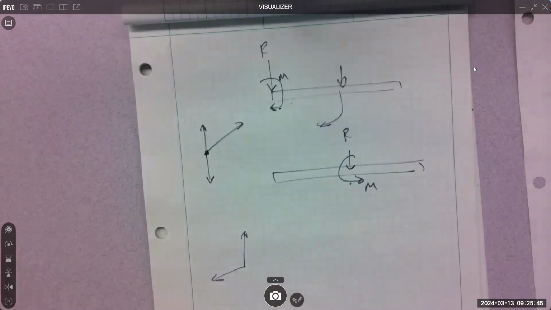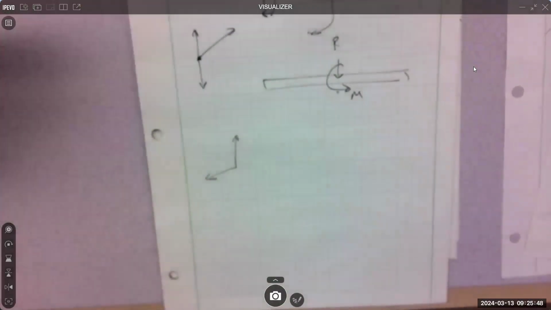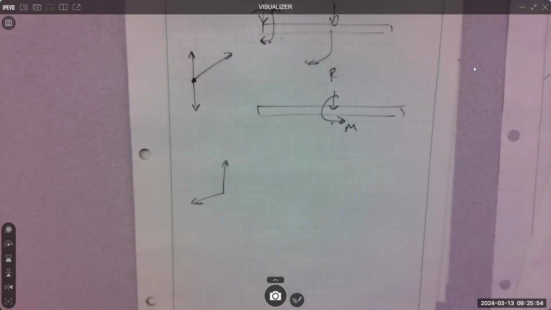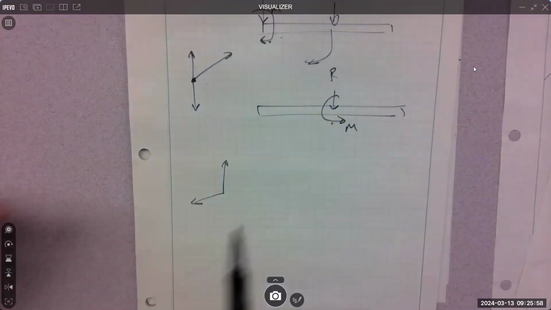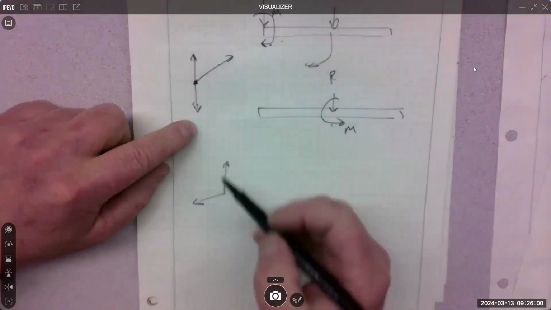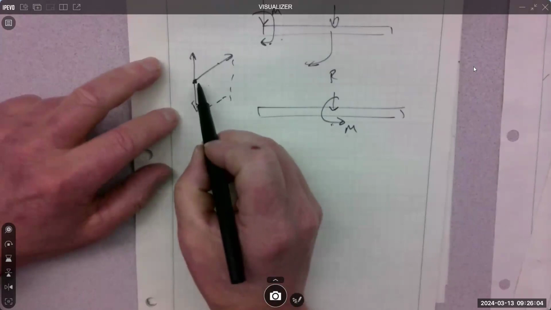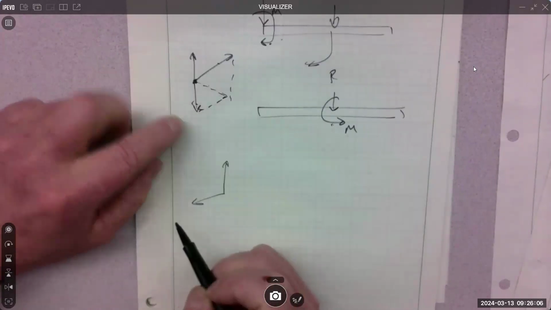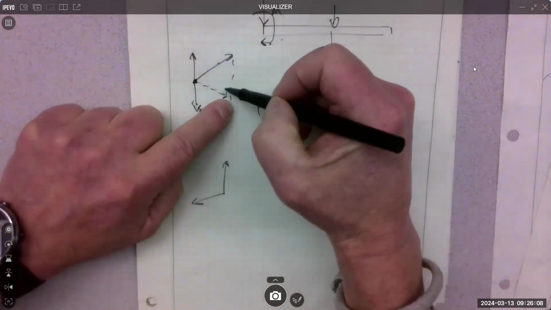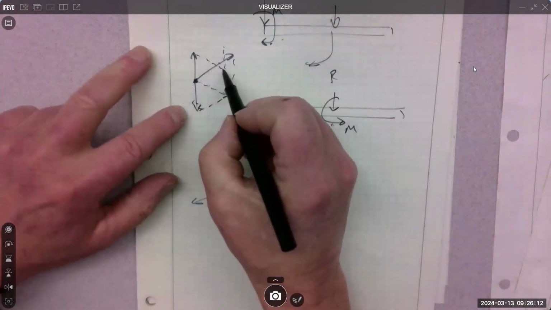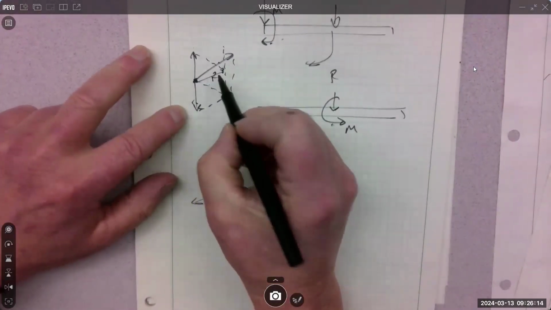Parallelogram. Couldn't you do that with the force system above? Yeah, you could. I don't advocate it and I definitely don't show it, because we don't need to complicate things, but we could take these two, add them together, and get that, and then take this one and this one, and get this, R.